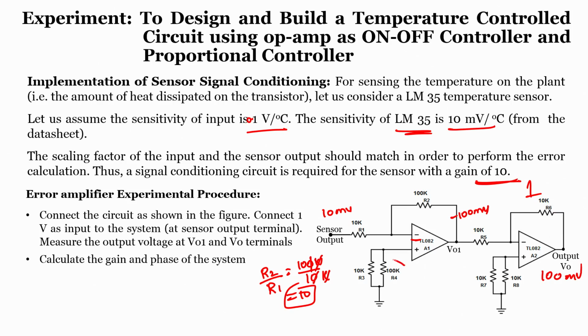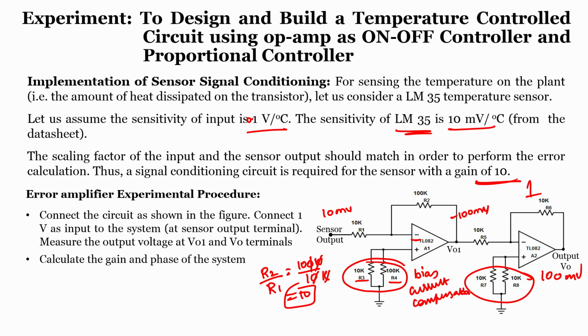Now, what is the reason behind taking these resistances here? If you recall our previous module discussions, we said that the requirement of the resistances at 10K and 100K is for offset bias currents compensation, right.